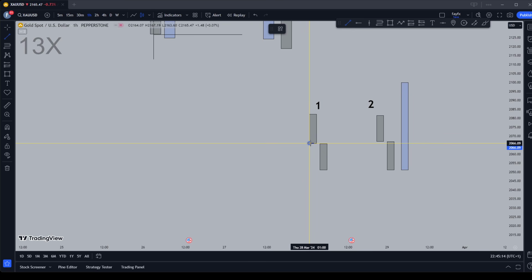This is a simple gap. This is a gap breakout. They are the only two gaps we are going to use in the 13x strategy. Remember this.